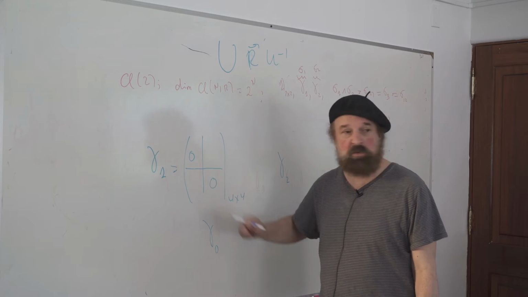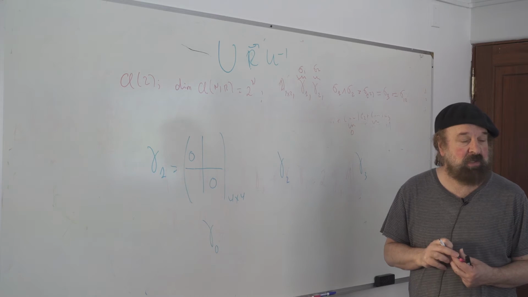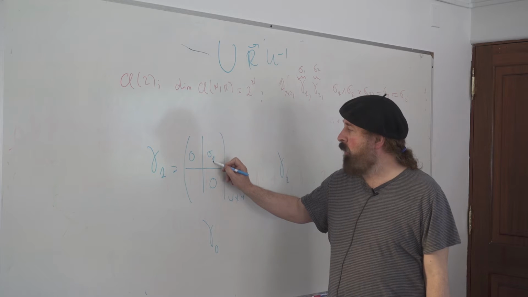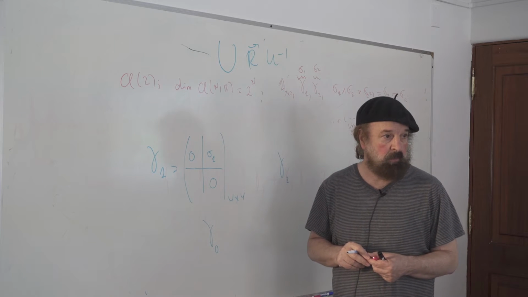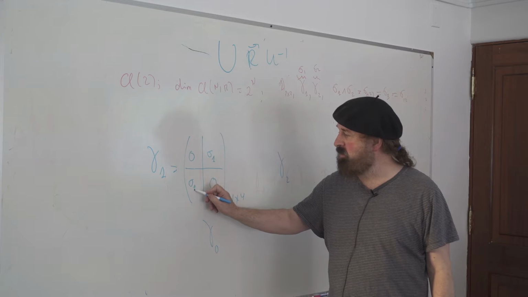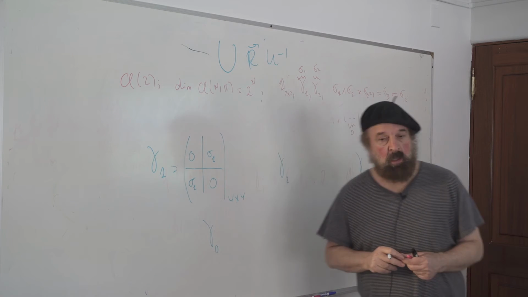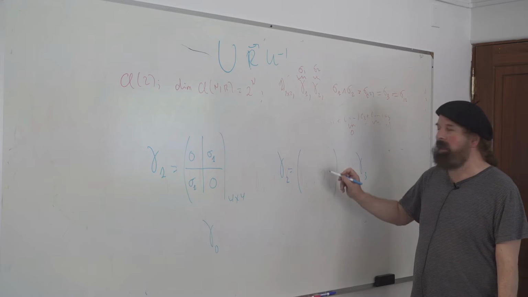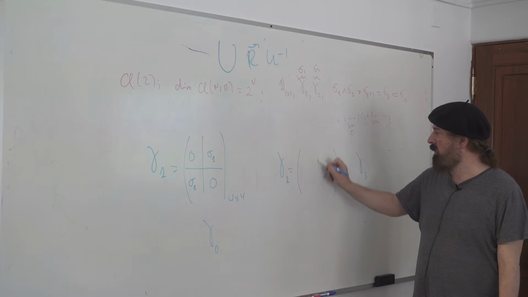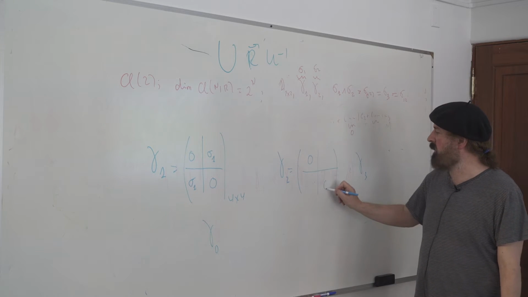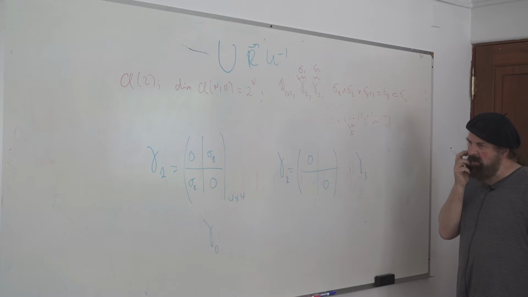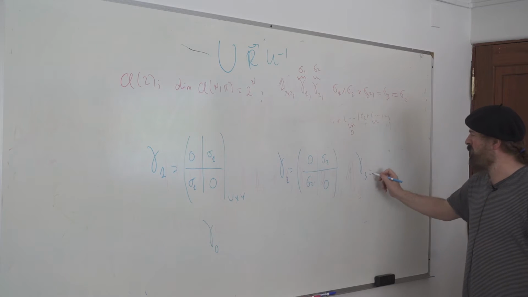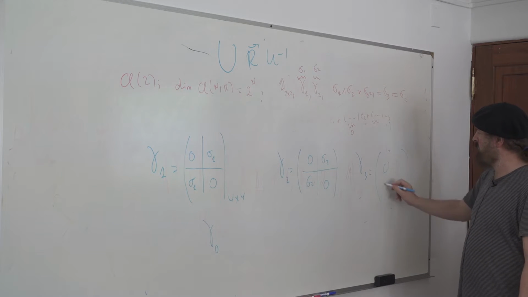Here I put another 0, a 2 by 2 matrix. And here you put the Pauli spin matrix, which is 2 by 2, and here you put the Pauli spin matrix again. You do the same thing with the other generators. This is a representation of your algebra. You're going to have zeros here, and you are going to have sigma 2 here. The same thing with gamma 3. Okay?